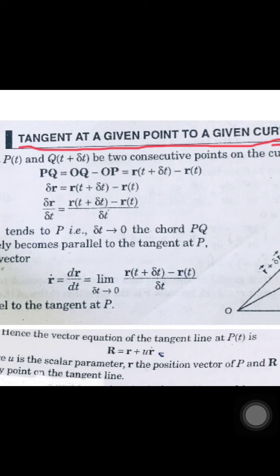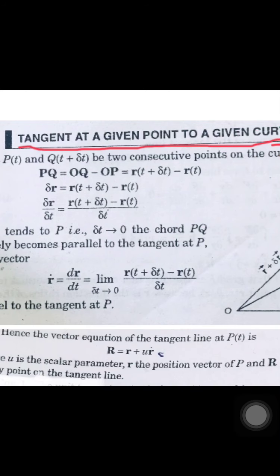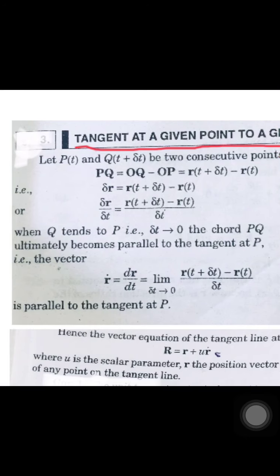Capital R equals small r plus u r dot, where u is a scalar parameter, r is the position vector of P, and capital R is the position vector of any point on the tangent line. That is important. So the tangent line in vector form is R equals r plus u r dot.